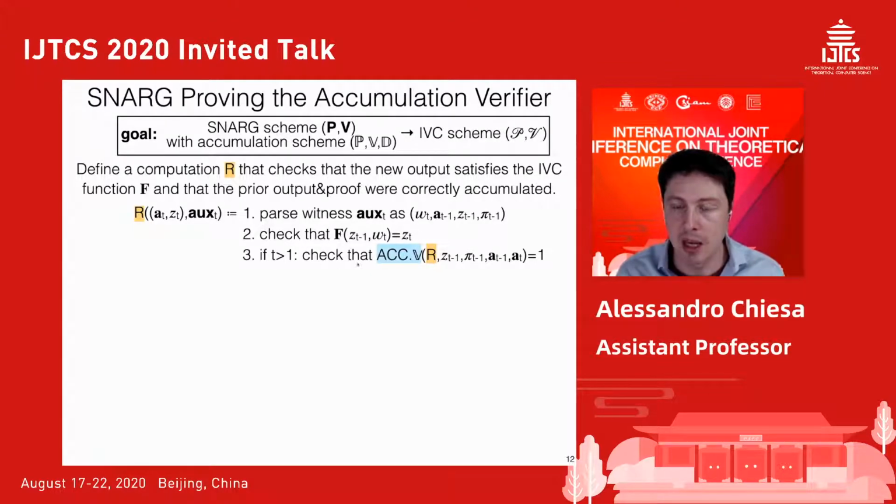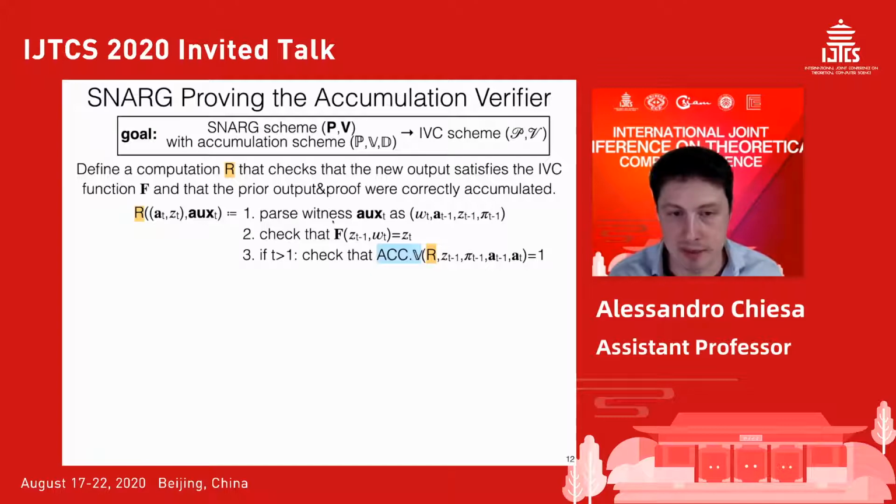That's easy. But now, whenever we are not in the base case, we're going to check that the accumulation verifier establishes that the new accumulator has correctly accumulated the new input and proof into the old accumulator. Okay? I've said the same thing twice.